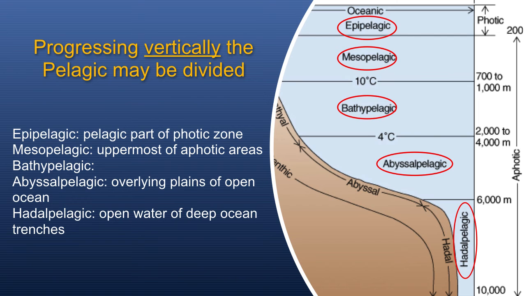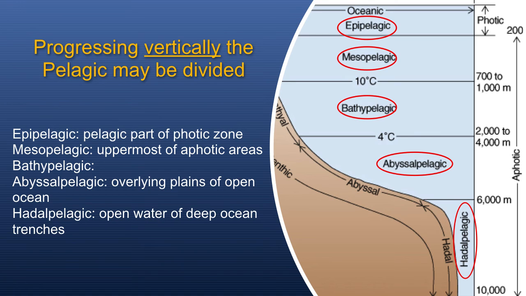Then there's bathypelagic, so getting quite deep. We're talking from 1,000 meters to 2,000 meters. The abyssal pelagic, and the abyssal pelagic is overlying the plains of the open ocean. So on the bottom, we've come off of the slopes in the basal zone and the bathypelagic, and now we're above the abyssal plains.